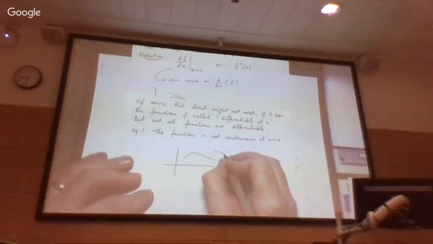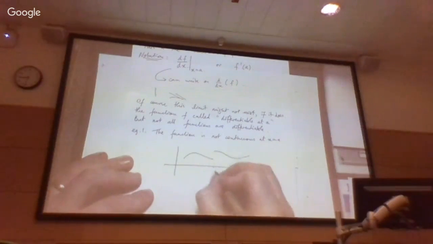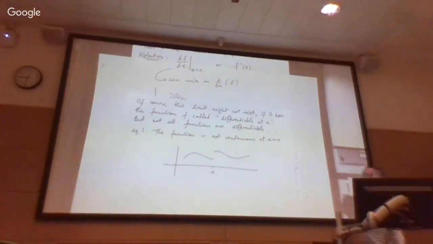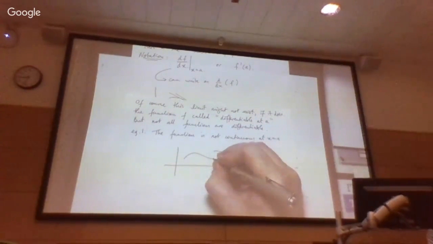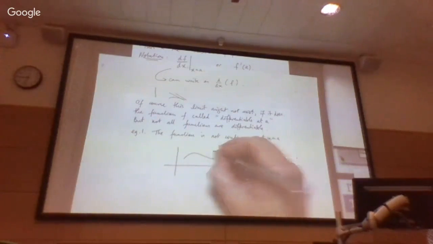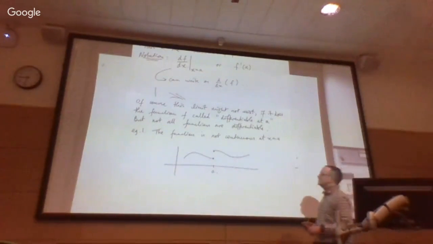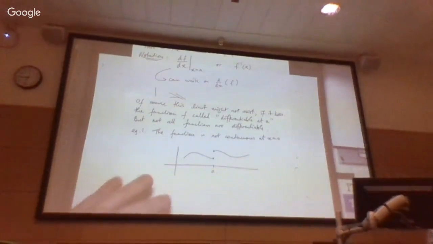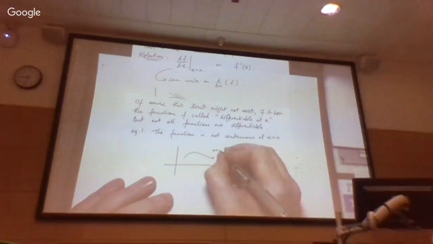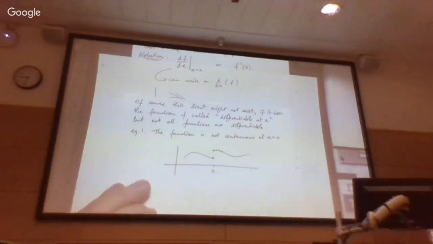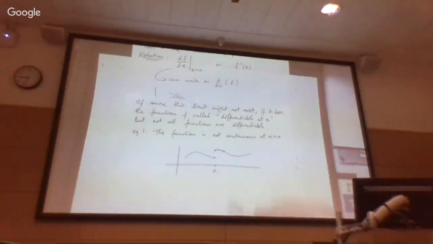We draw one example of a function that is not continuous at A. So this function is making an instantaneous jump in value at the point A. Well, this causes a problem because if you compare, let's say the value it takes at A is down here, if you compare a nearby point x up here, these x's, and you look at what happens to the chords.